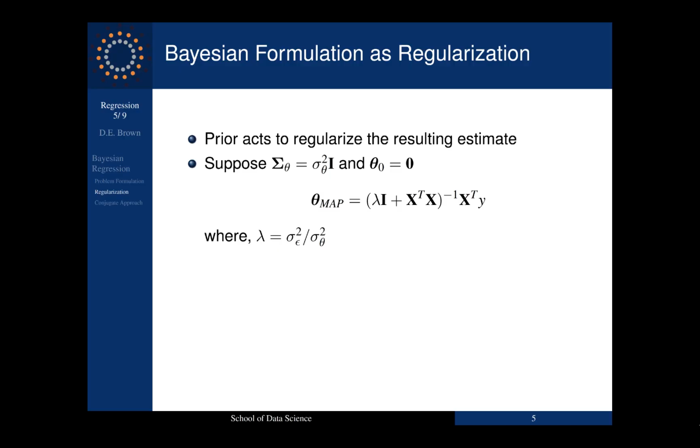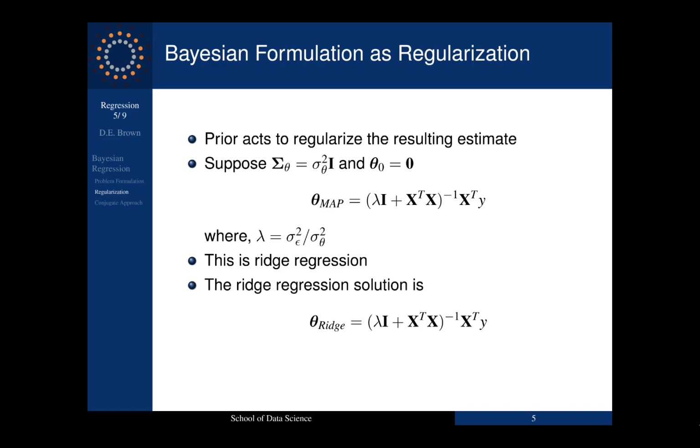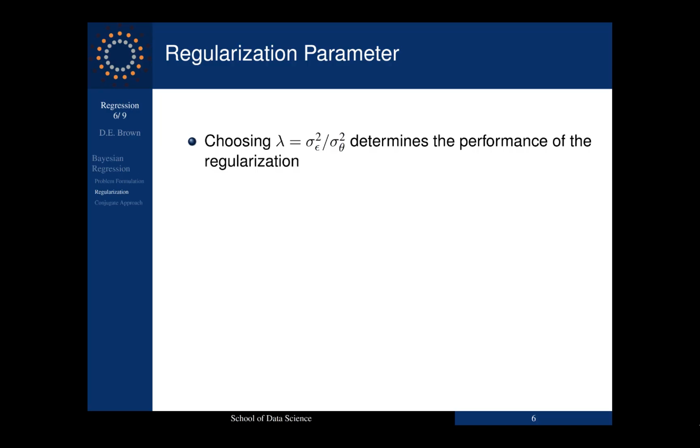So when we look at this, it should look familiar to you from your statistics class. This, in fact, is ridge regression. And in ridge regression, the solution is given by exactly the same thing. The only difference is that in ridge regression, we don't talk about what lambda is, but now we have an understanding through this Bayesian analysis that it is in fact the ratio of these two error terms.